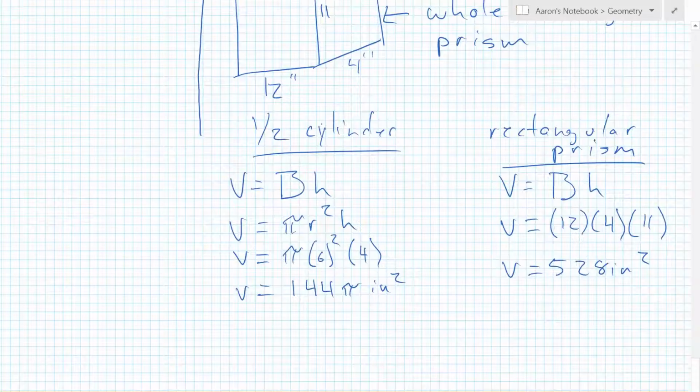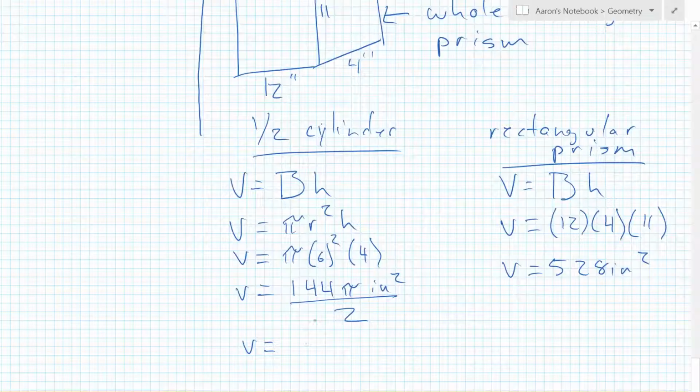Now because the cylinder is the whole cylinder still, we're going to have to divide this in half. So volume of the half cylinder equals 72 pi inches squared.